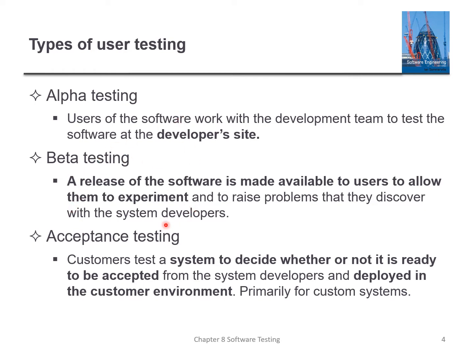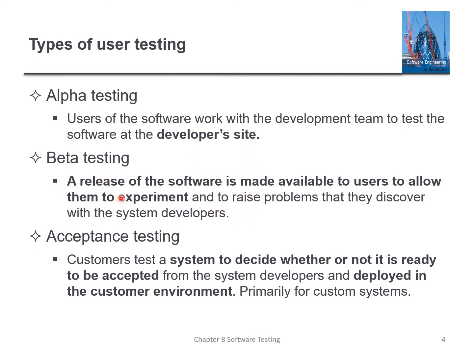Beta testing, on the other hand, is where the complete system is given to the user, where they can download it and do some experiments on it. Because when you do that, it can be tested in the real environment of the user. So maybe they will raise some problems that are not discovered by the developer during development testing or system testing.